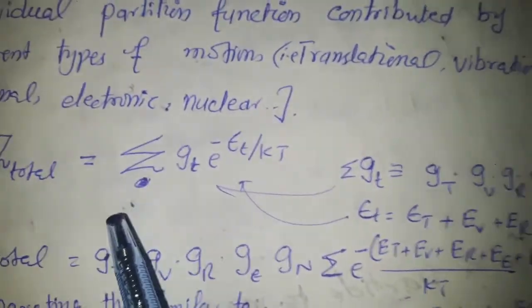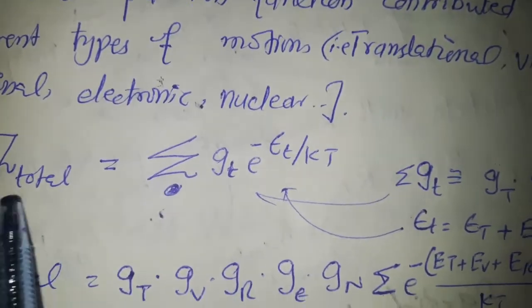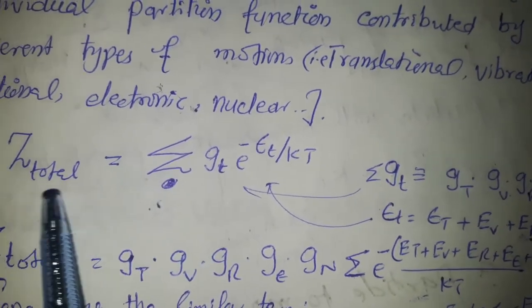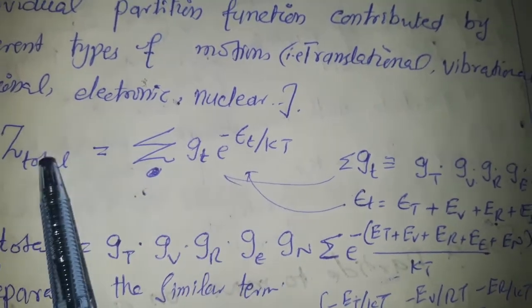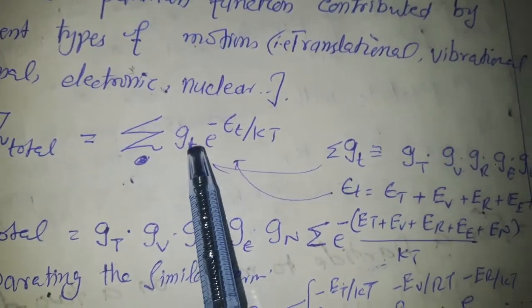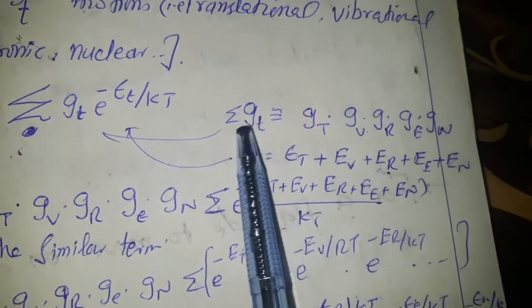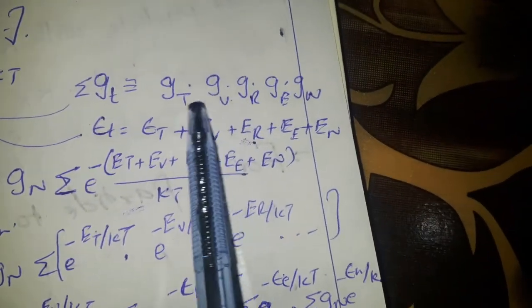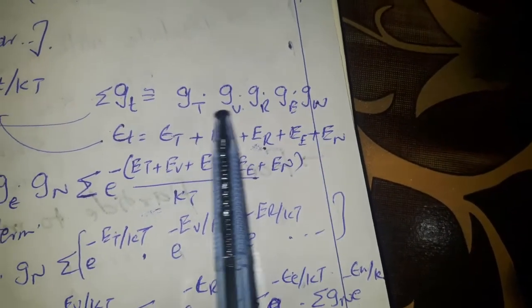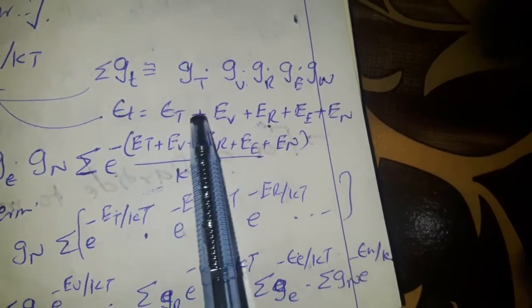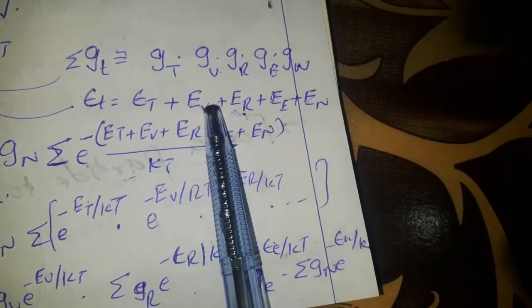Now just taking the main equation of the partition function, and putting in the total value for the degeneracy and energy. The degeneracy will be the product of the different motions, and similarly the energy will be the sum of the energies contributed by the different kinds of motion.